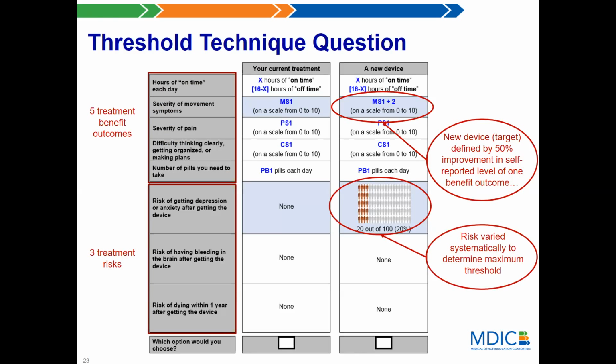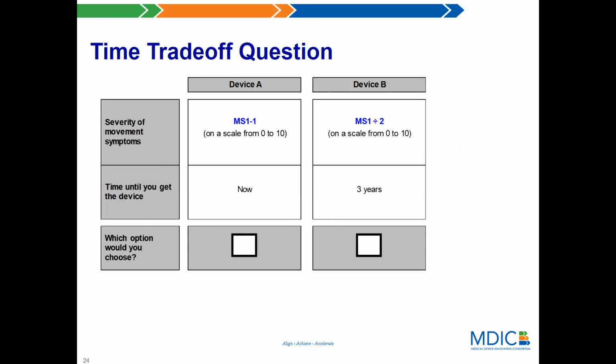And based on their choice to the first question, we then vary systematically this risk of new or worsening depression or anxiety until the person switches. And then that becomes the threshold that offsets the improvement in motor symptoms. And then we do that for different pairs of benefits and risks.